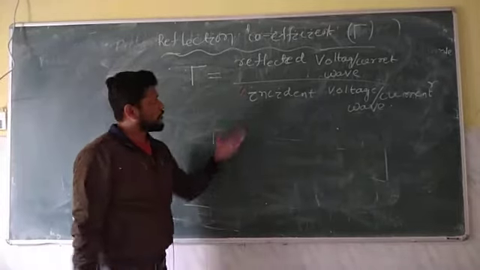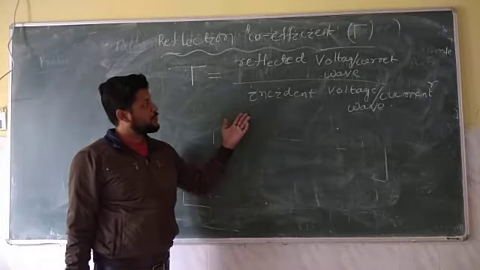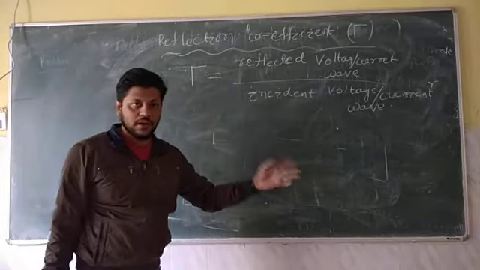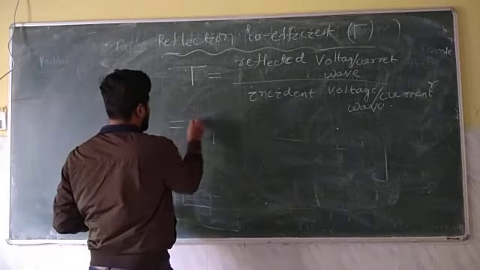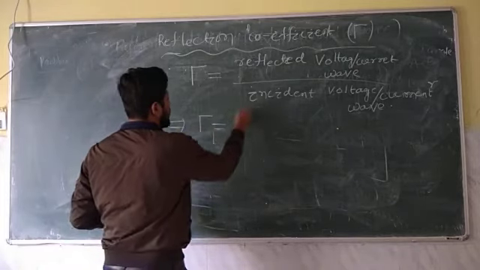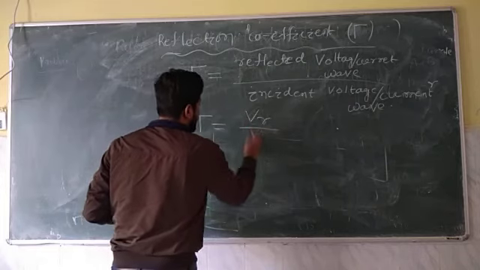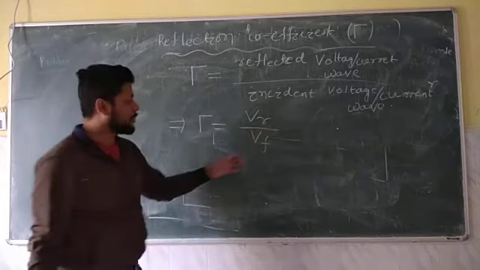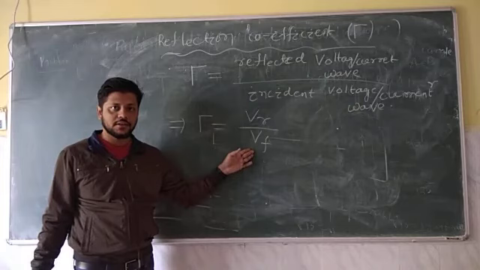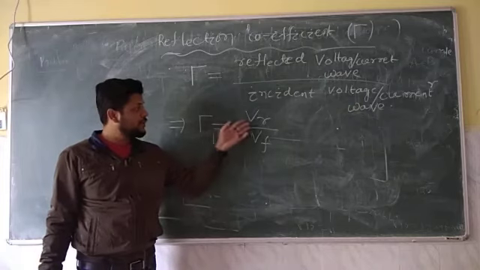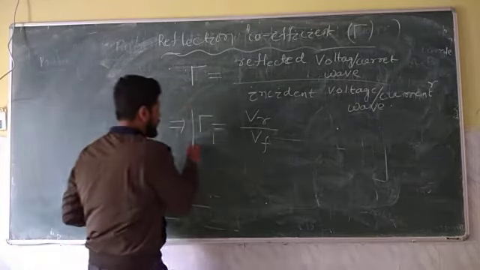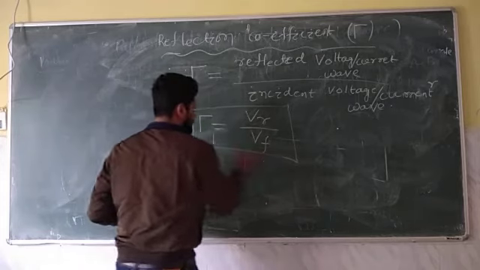So mathematically we can write VR by VF, where VF is the forward voltage wave and VR is the reflected voltage wave.